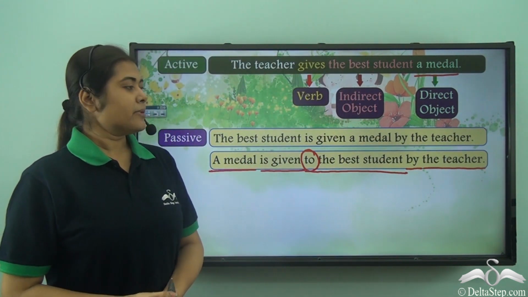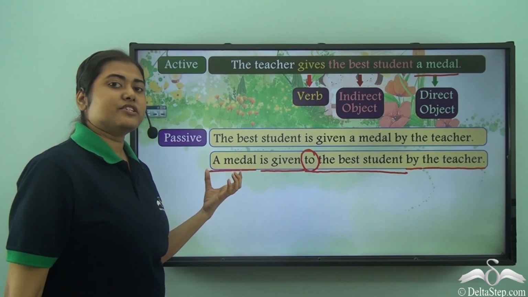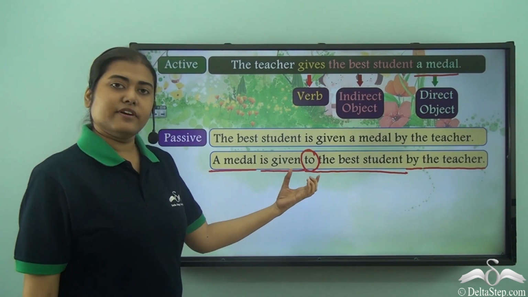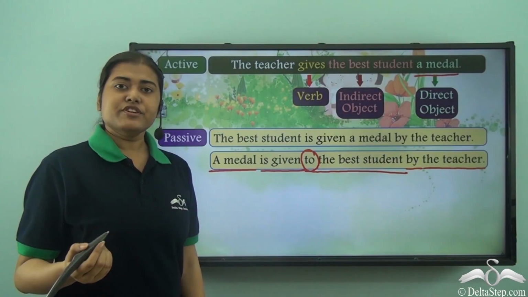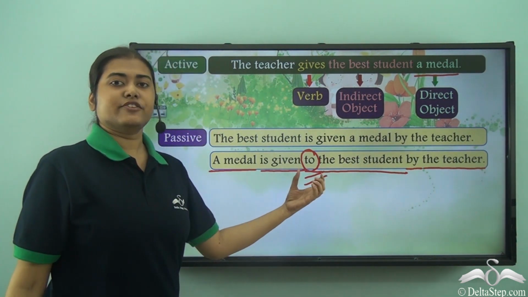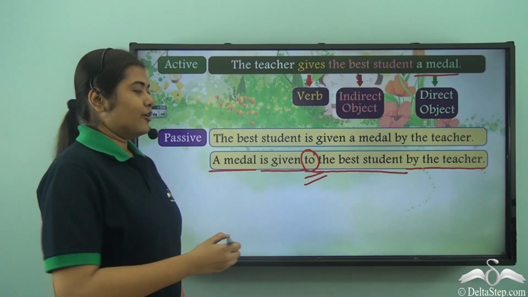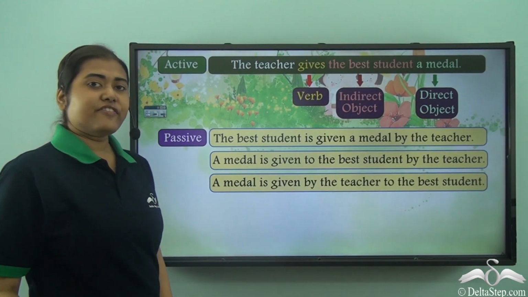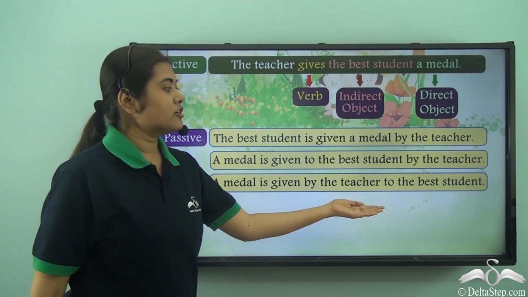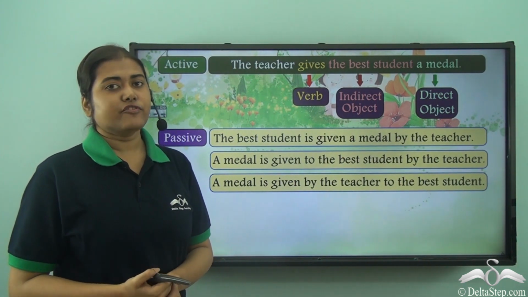So remember one thing carefully. If you have to begin the sentence with the direct object and place the indirect object after the verb in the passive voice, we often require a suitable preposition before the indirect object to make the sentence correct. Now, if I write the sentence as a medal is given by the teacher to the best student, even this is a correct way of writing.